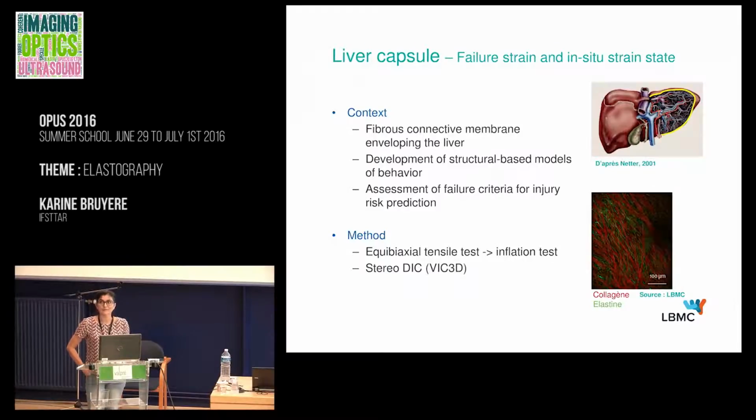We performed some tensile tests on the liver capsule. But to have a more realistic loading of this tissue, specifically during injuries by laceration of the liver, when the pressure in the liver is leading to a rupture of the capsule, we perform biaxial loading by inflation test.